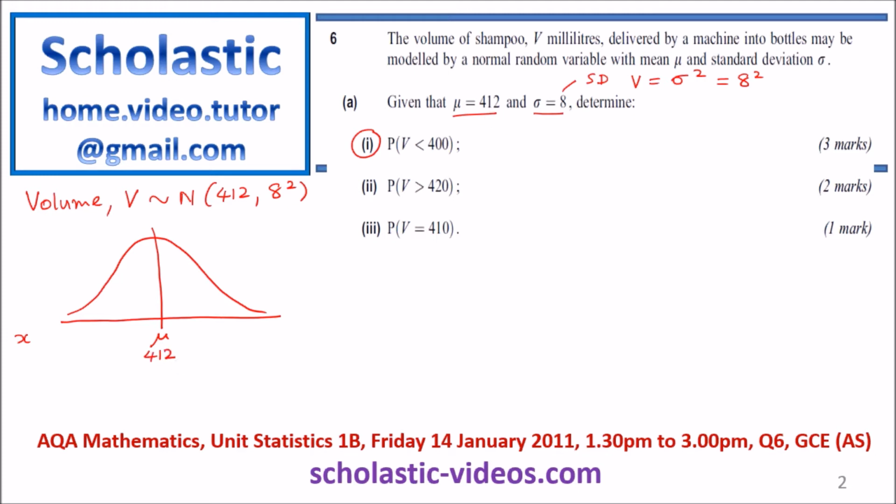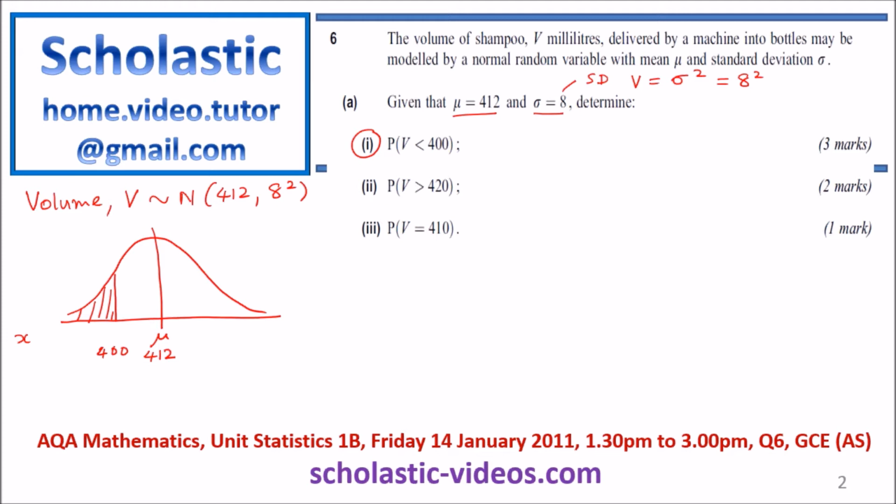Volume less than 400 means somewhere here is 400, so we need to find this area using our tables.